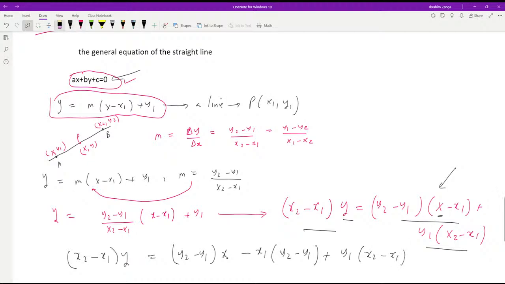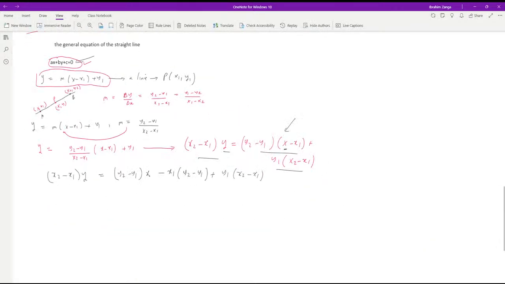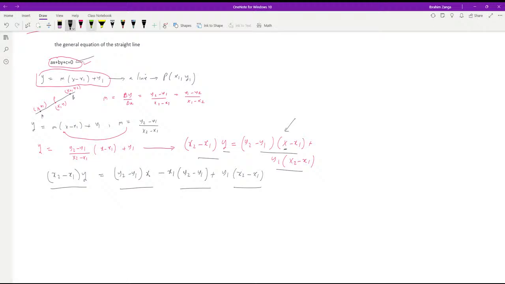So be careful with this equation because slowly now you are going to see the general form of the straight line. We know that x1, y1, x2, y2 are given. They are values from the given points.